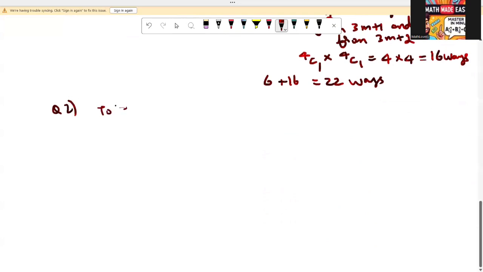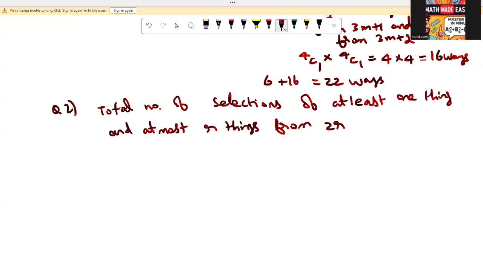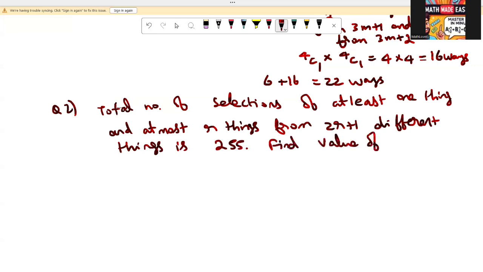The question is: the total number of selections of at least one thing and at most r things from 2r plus 1 different things is 255. Find the value of r.